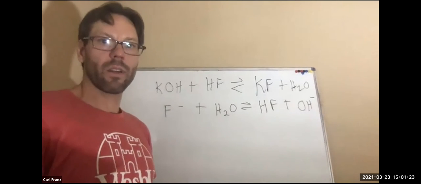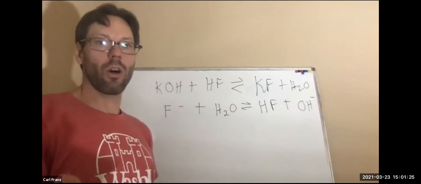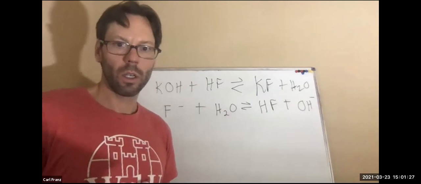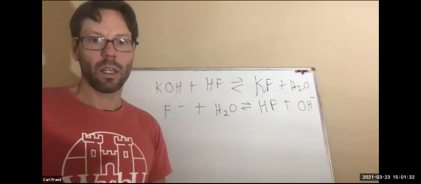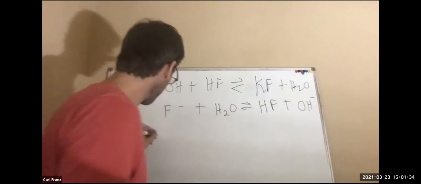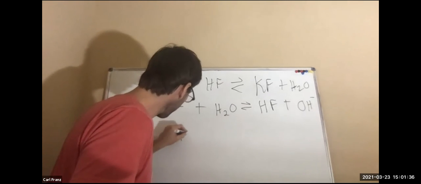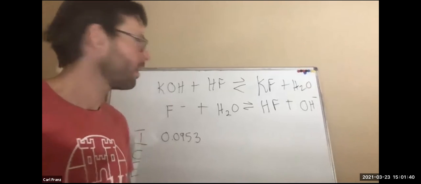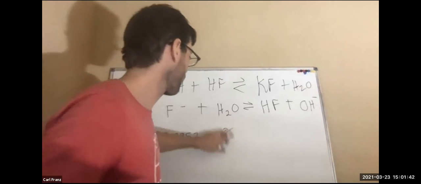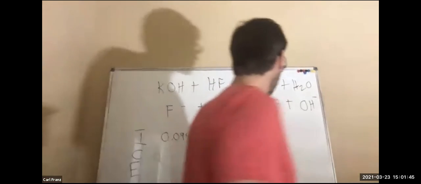And then what did they give us as the concentration? For salt, it's 0.112. And for KF, or in this case just F minus, it's 0.0953. Okay, so the initial, water we don't worry about.